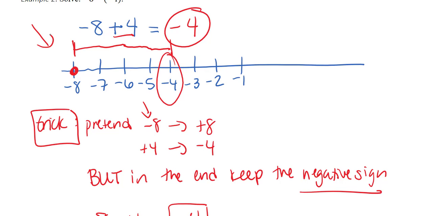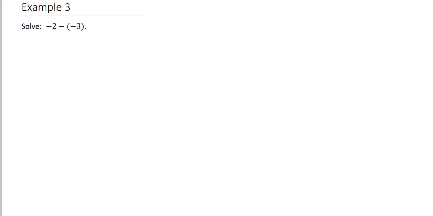Now let's look at another example. So example 3. Now we have -2 minus -3. Well, those are 2 negative signs next to each other, so they'll become positive. So we have -2 plus 3. And what does that equal?